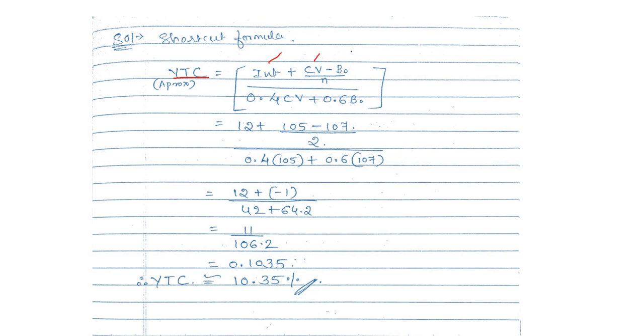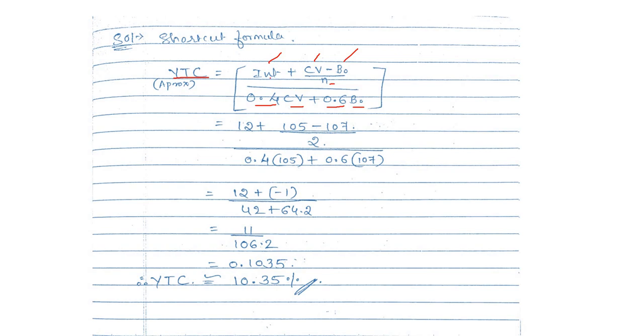CV is nothing but our callable value, B naught is the market value, and N is the number of years. 0.4 and 0.6 remain the same, they are constants. Now we'll see one by one how to solve this problem.